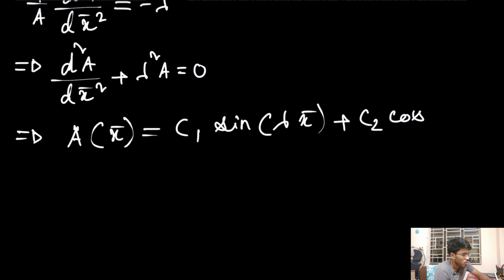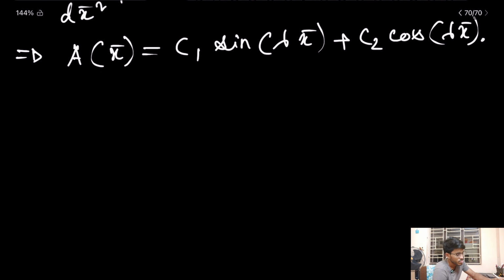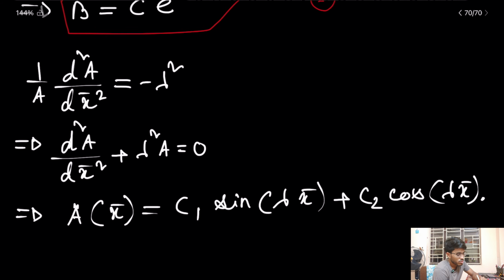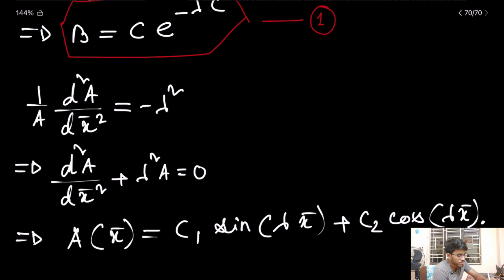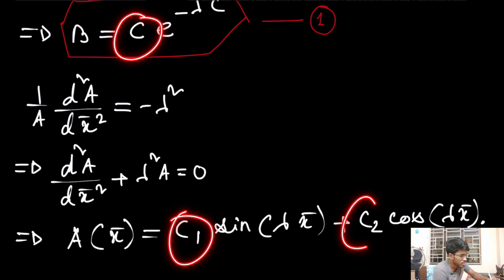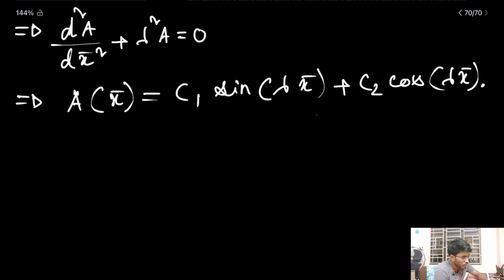I showed you that this has a solution where a is a function of x bar only: some c1 sine of lambda x bar plus some c2 cos of lambda x bar. Clear? Now I have unknown constants here: c, c1 and c2. Let me number this equation as 2 and box it.